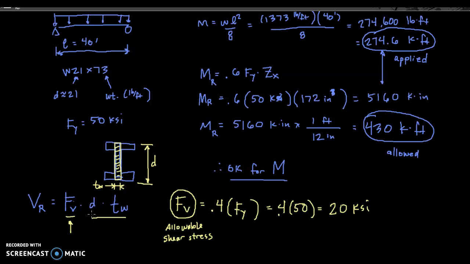Now we just need to find the depth of the beam and the thickness of the web. That can be found in Appendix A. So again, we have a W21x73.